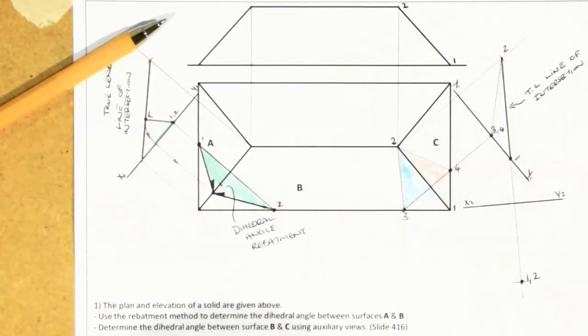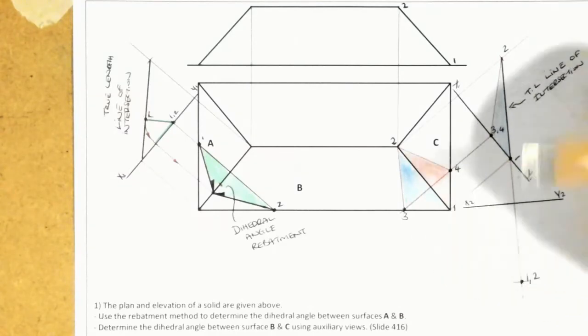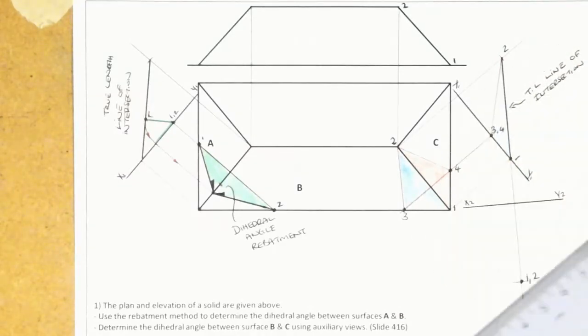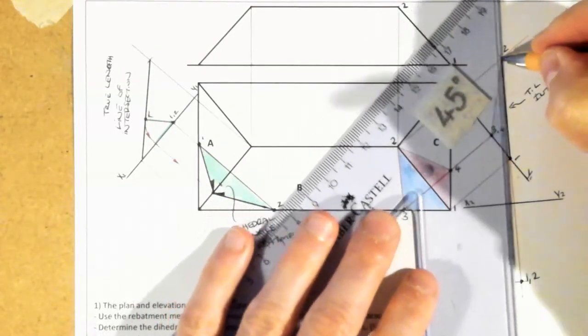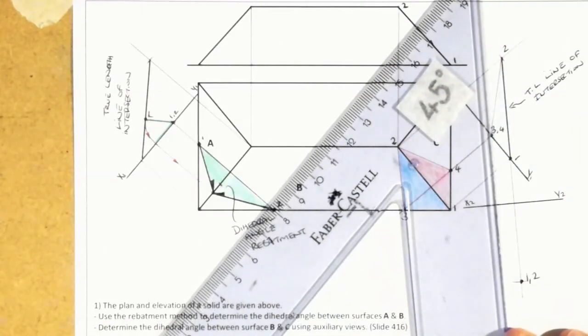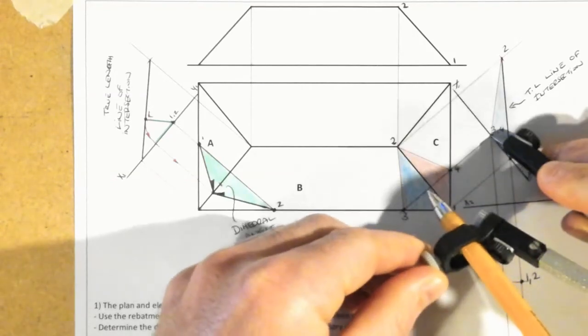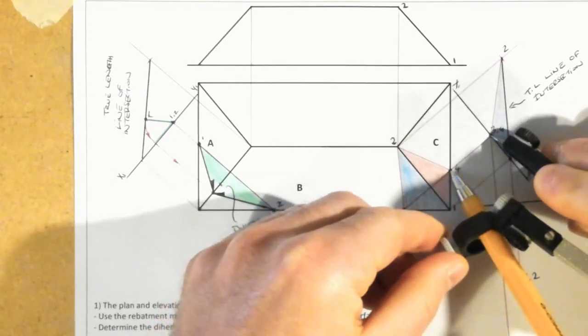Now I need to get 3 and 4 as well. So project down 3 and 4 parallel. They're along the same line, so they're going to be down along this line somewhere, but all we have to do is measure from them back. To work out where 4 is, measure from the x1, y1 back.